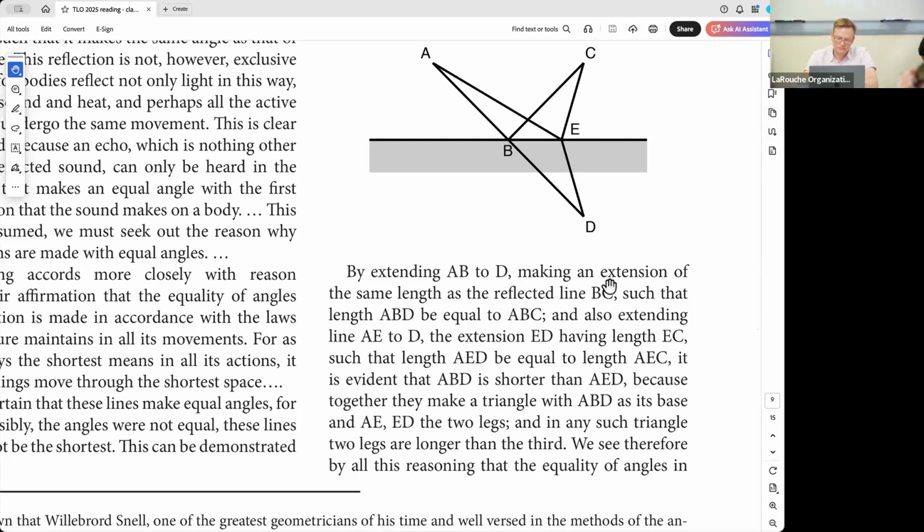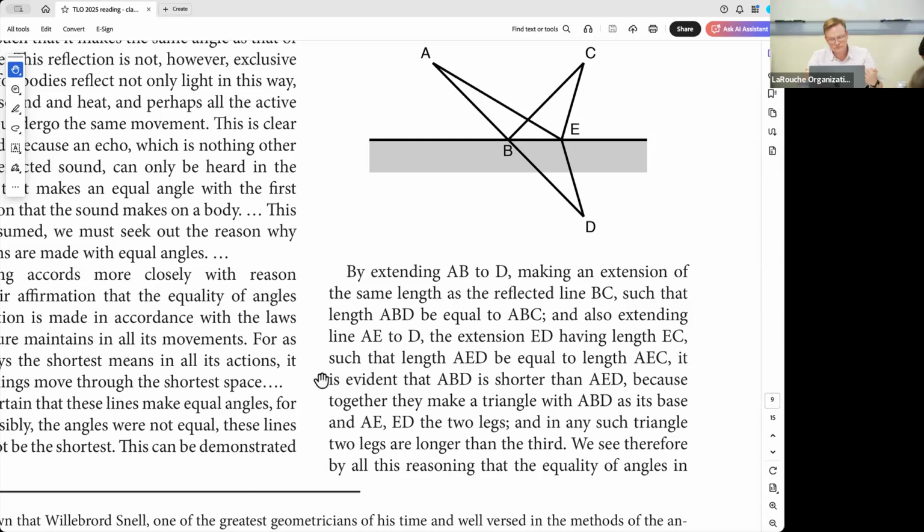It is evident that ABD is shorter than AED because together they make a triangle with ABD as its base and AED the two legs. And in any such triangle, two legs are longer than the third.